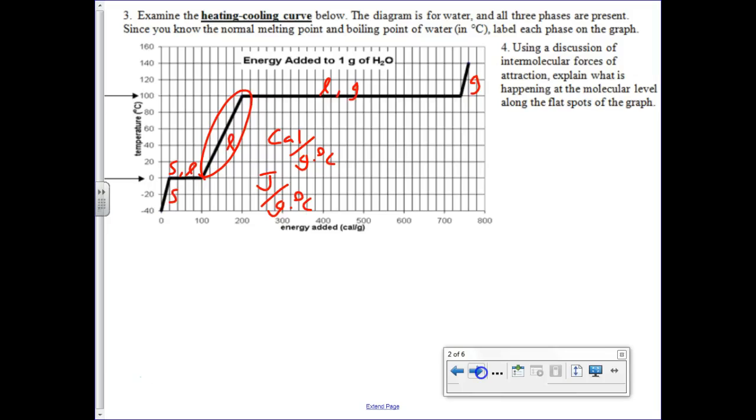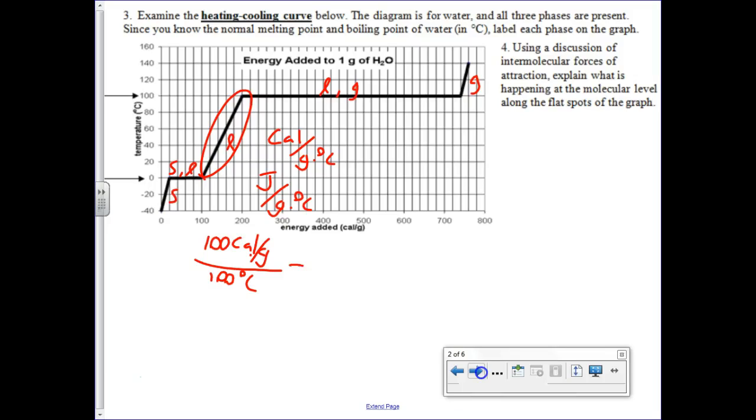So for example, if we looked at this slope, the middle slope here, we have a value of 100 calories per gram, and we would put that over our degree C. We're going up by a value of 100 as well, so we'd have 100 degrees Celsius.